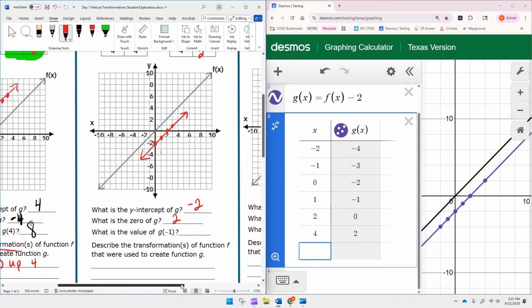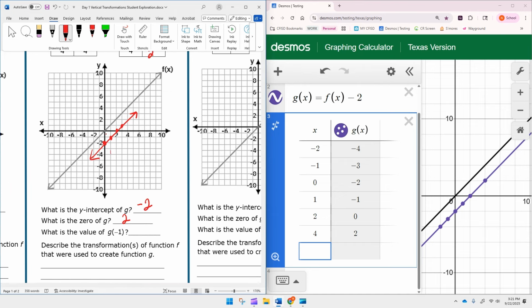And here, we started at 0, we went down for the y-intercept, and then our zero of the graph went positive. So that was an interesting transformation, and we're going to talk about that in just a moment to see what happened there.